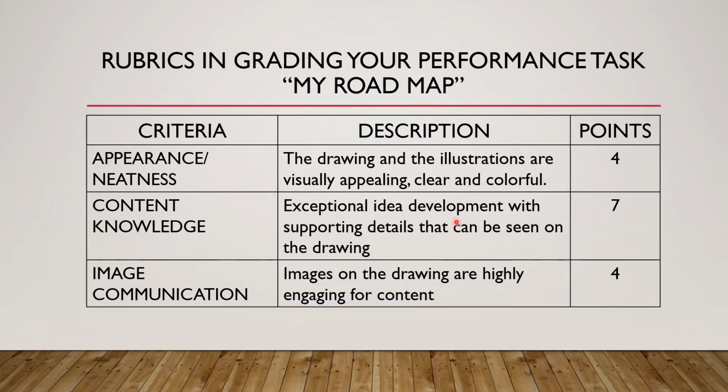Because I'm going to look for the dashed line or the broken line you traveled from your home to the school, and the straight line that connects your home to your school. Then image communication. Images of the drawing are highly engaging for content. This means it is beautiful. If there is a church, it is drawn in the drawing. Okay? That will be equivalent to 4 points. All in all, if the work is beautiful, it is 15 points. Next.